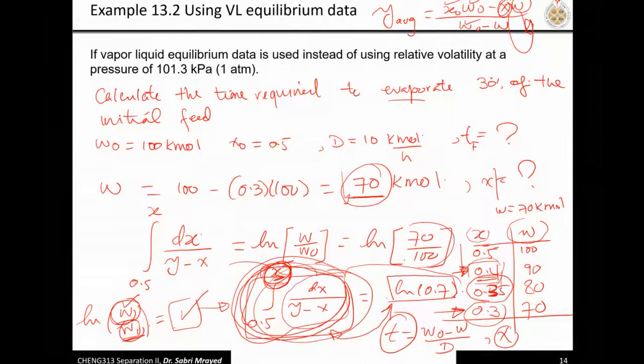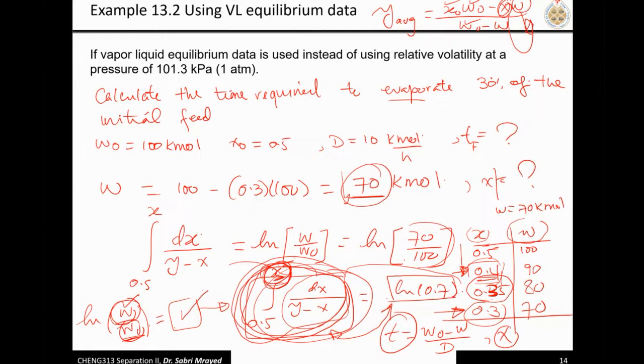So you have to continue going down one step at a time until you reach that W given in the statement of the problem to be 70. How do I know it is 70? Because he says the time required to evaporate 30%. That means you're going to evaporate 30% of the 100, so what is left is going to be 70.